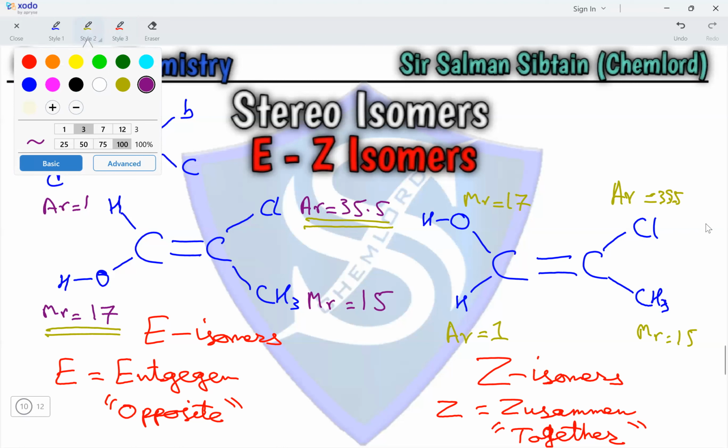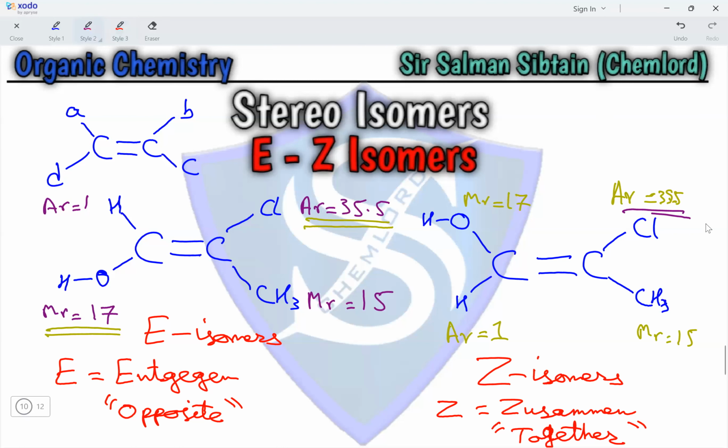And if the higher or the lower masses are on the same side, then the isomerism is the Z isomer, or they are together. So opposite side, higher MRs or lower MRs, E isomers; same side, higher MRs or lower MRs, Z isomers.